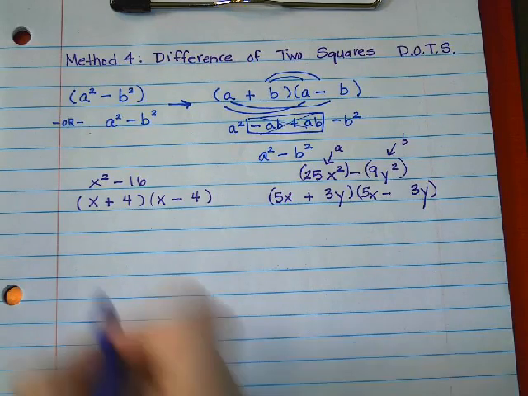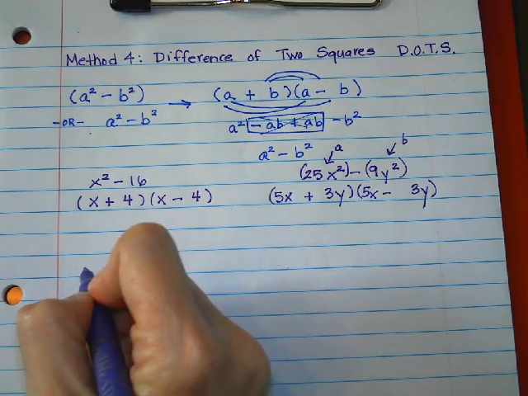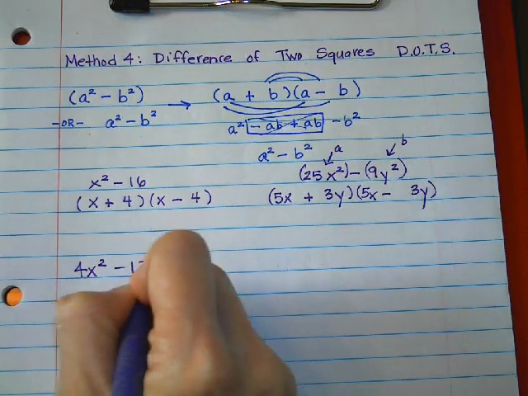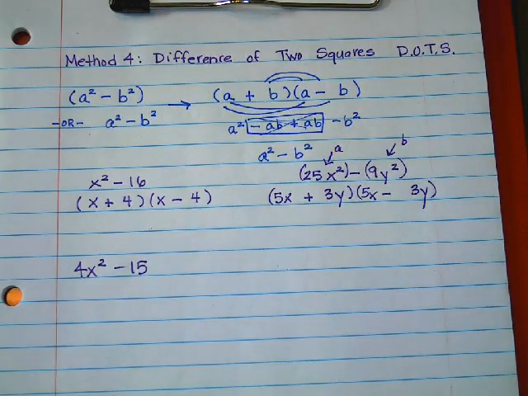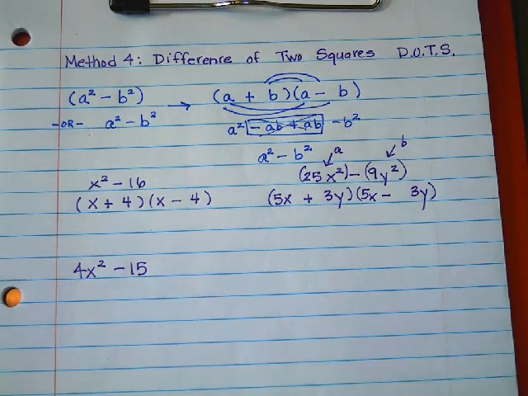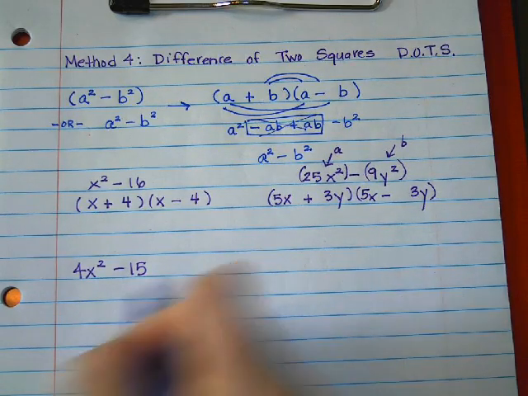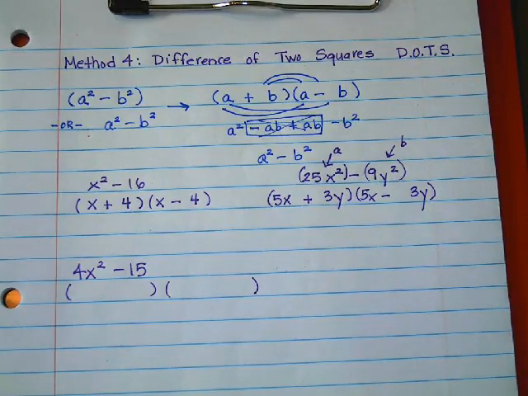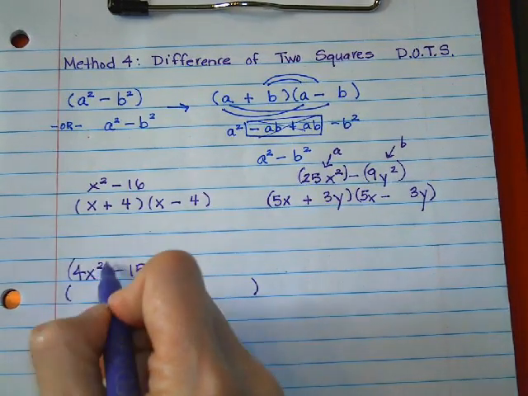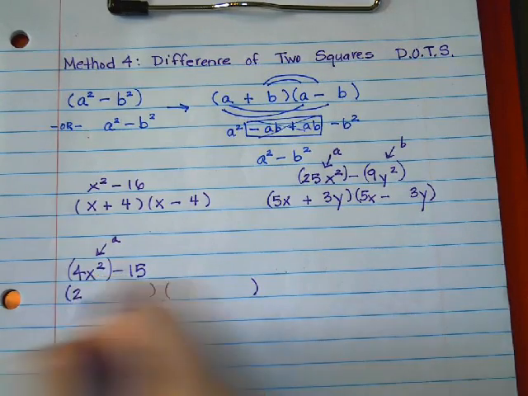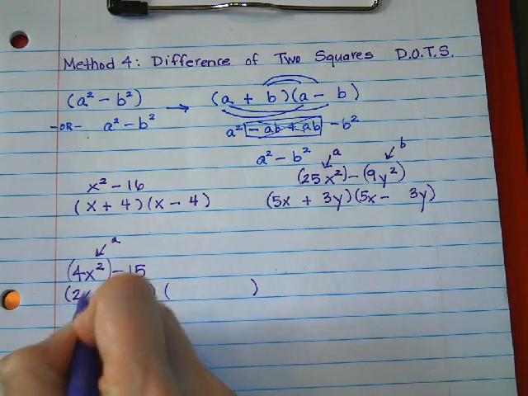Sometimes they're written in a weird way, like the example provided in your book, which says 4x squared minus 15, and they say to use the difference of two squares. You could. Even though 15 is not a perfect square, we can show that by doing the following method. We make our two sets of parentheses, just like we've been talking about. This whole first part is our a value. The square root of 4 is 2, and the square root of x squared is x, so they'll each get a 2x.